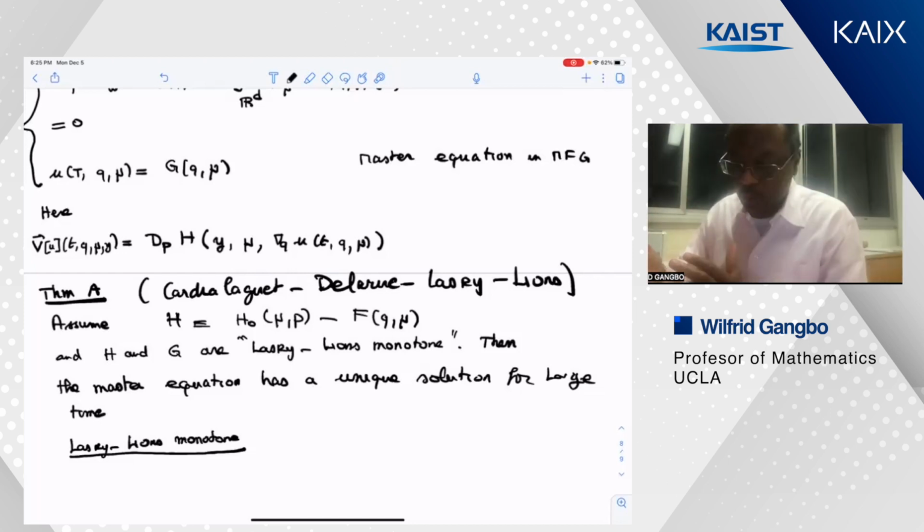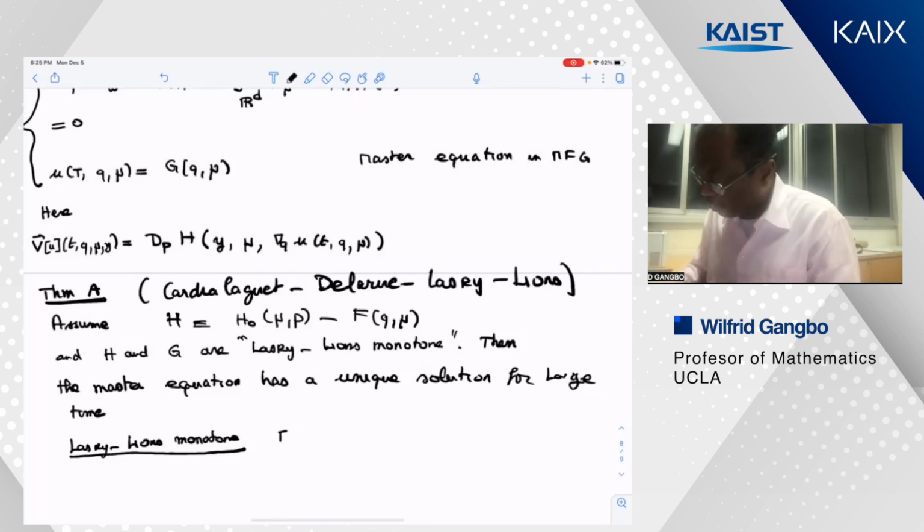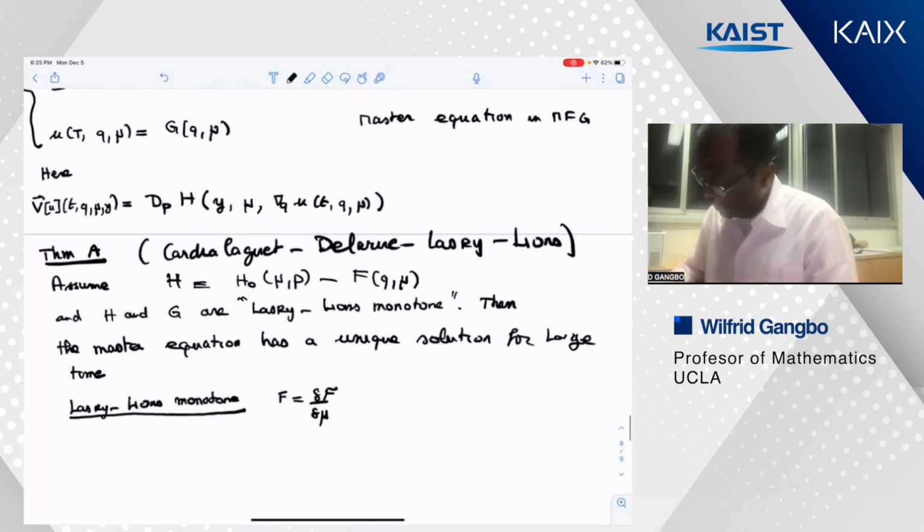To make a quicker point, assume that F is derived from a potential. Lasry-Lions monotone means that T goes to F of (1 minus T) mu naught plus T mu 1 is convex.